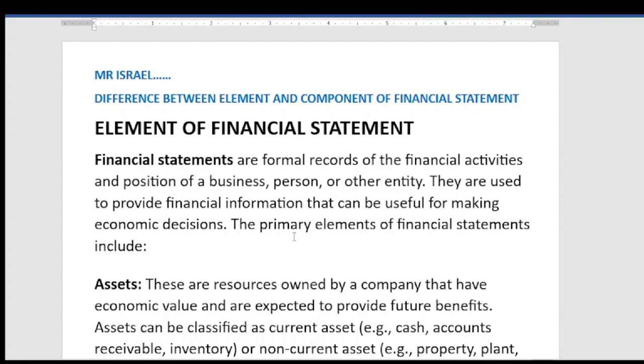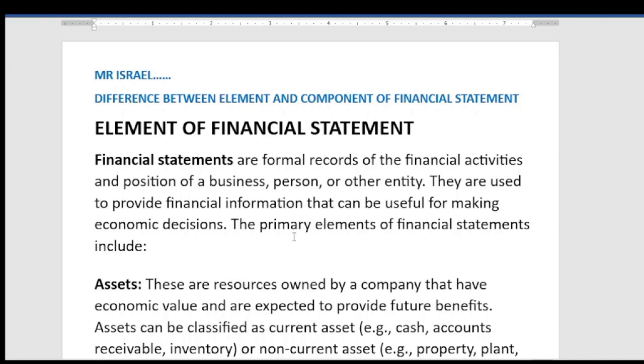Identifying what is an element and what is a component has been a major issue, which we are going to handle here. In this video, I'm going to make it detailed and simple on how you are going to differentiate between elements of financial statement and components of financial statement.